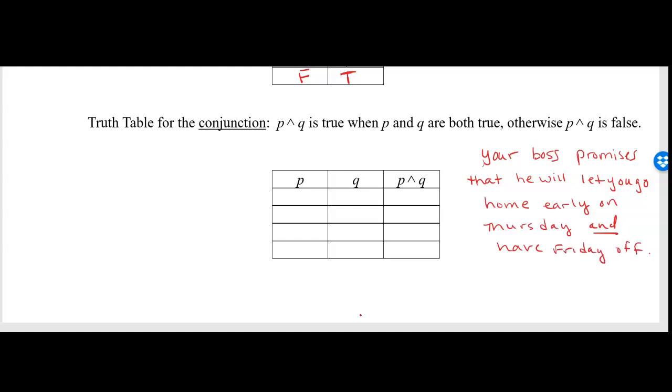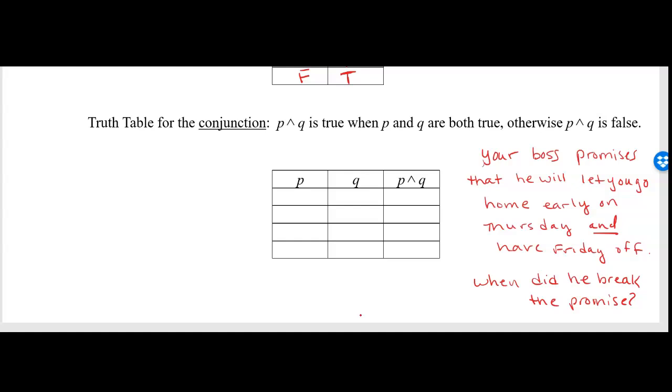Okay, this is a promise that your boss made. Here's the question: when did he break the promise? This is going to help you understand the truth table better.